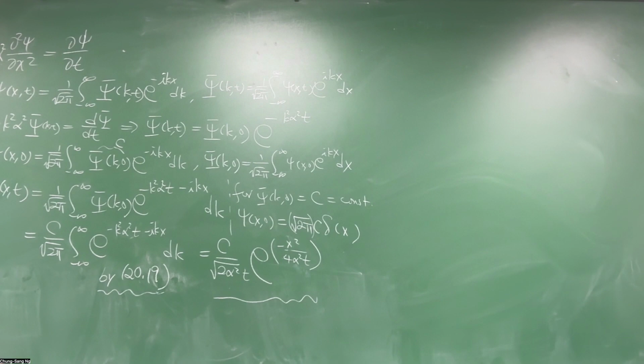The textbook said to just write down transform formula 20.10. 20.10 is the transform formula. And the inverse transform, the textbook wrote it down somewhat later. Yeah, 20.26. That's the inverse transform. Okay.